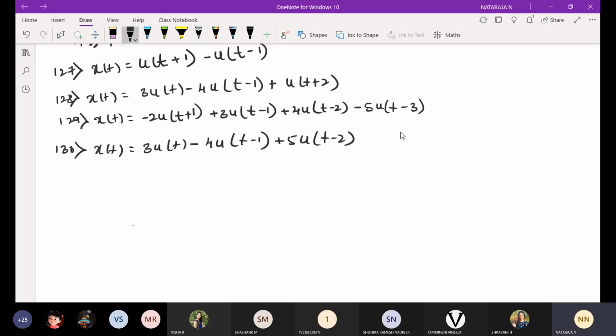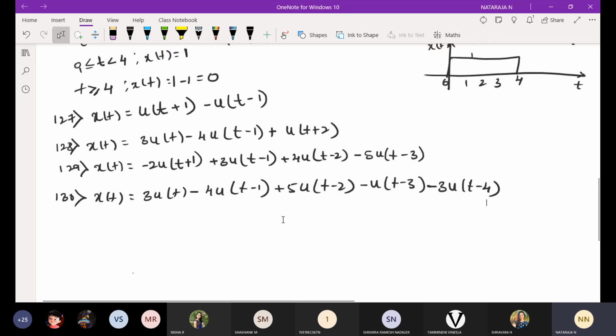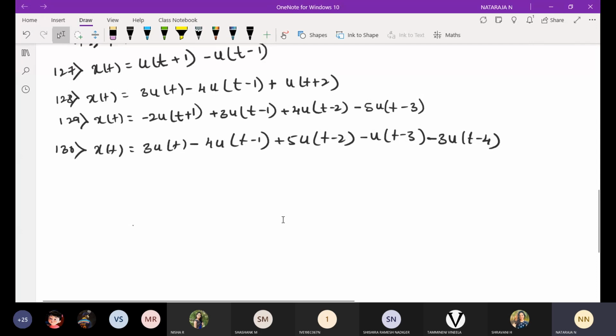Two minus u of t minus 3 minus 3u of t minus 4. Okay, take all these three problems as assignment. You solve them in the assignment book.